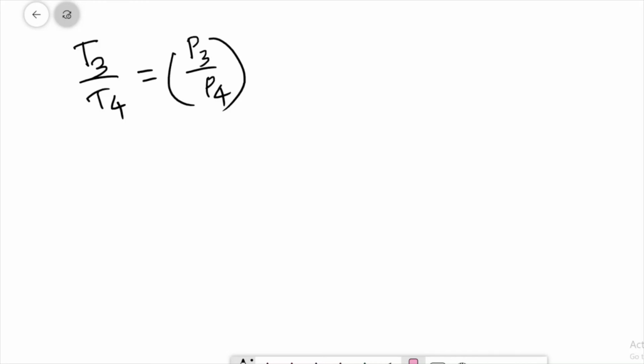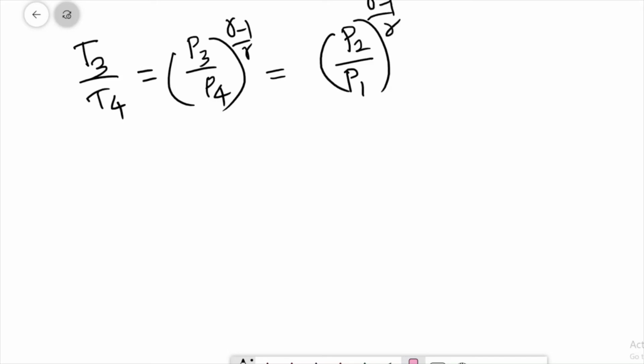T3 by T4 we have written as (P3 by P4) whole power (gamma minus 1) by gamma. And also we have noted P3 is nothing but P2. So this further can be simplified as P2 by P4, where P4 is nothing but P1. So we can replace with (P2 by P1) whole power (gamma minus 1) by gamma.